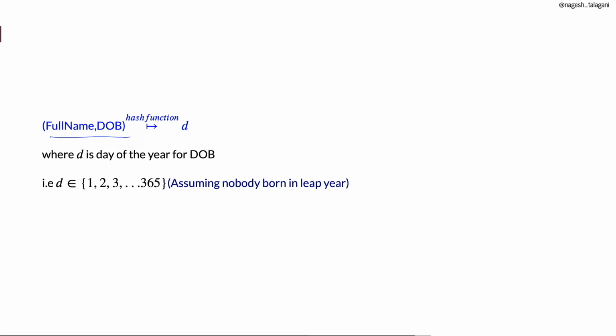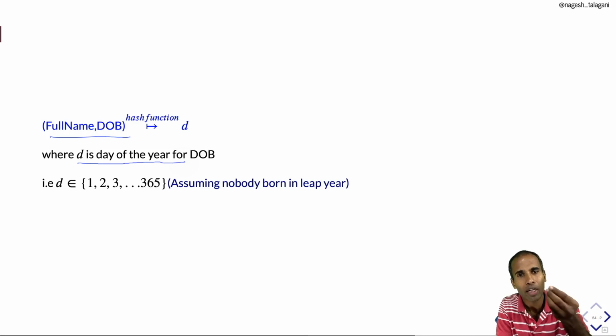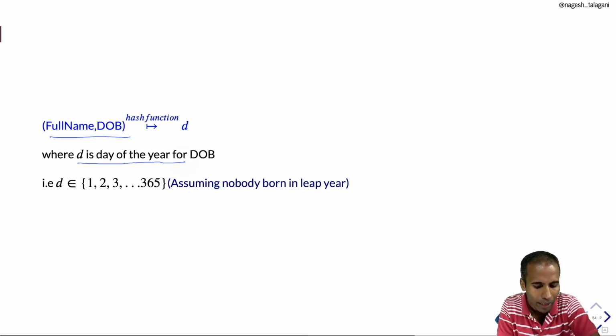This d is actually the day of the year for the date of birth. For example, if the student was born on 1st January, the d value will be 1. If the student was born on 31st December, the d value will be 365. You get the idea, right? So here the d value will be anything from 1 to 365.